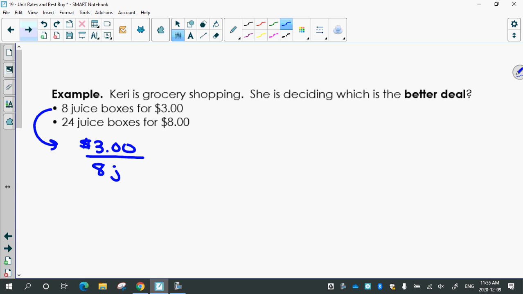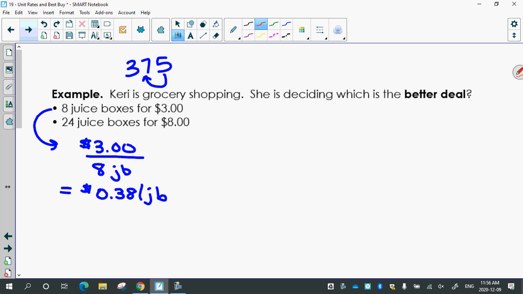I'll do JB for juice boxes and figure out how much it is per juice box. Okay, so if I get 0.375, but I just want cents, the 5 rounds the 7 up to 8. 38 cents per juice box.